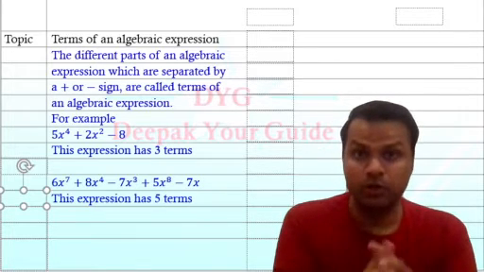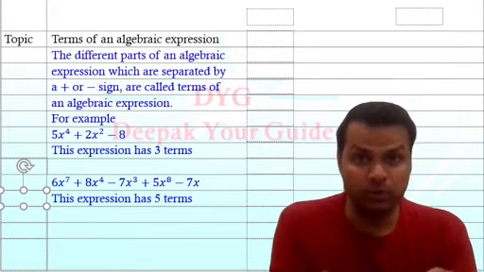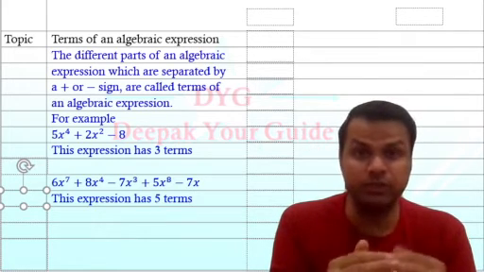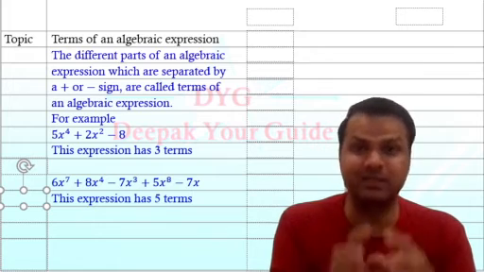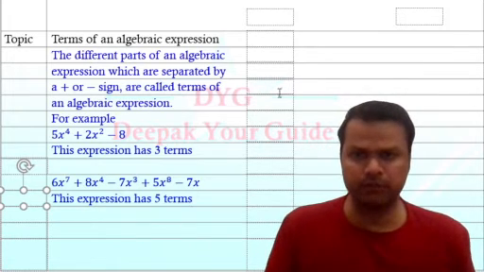Simple enough, right? Okay, now see, I'm stressing on the words plus or minus sign. That means if you see a division sign, do not get confused. That will be considered as one term. Let me give you an example.